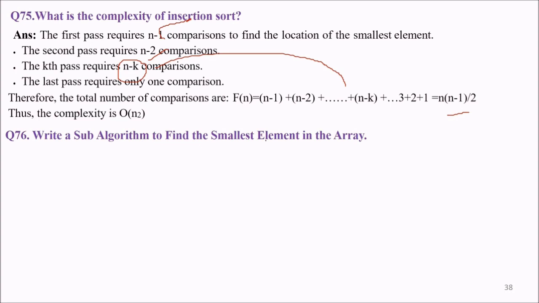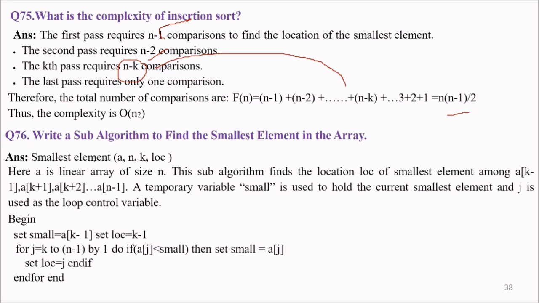Write an algorithm to find the smallest element in the array. If we want to find the smallest element, A is a linear array of size n. So the algorithm finds the location of the smallest element among A[k] to A[n minus 1]. We'll assign the first element, or the k minus 1th element, to smallest.